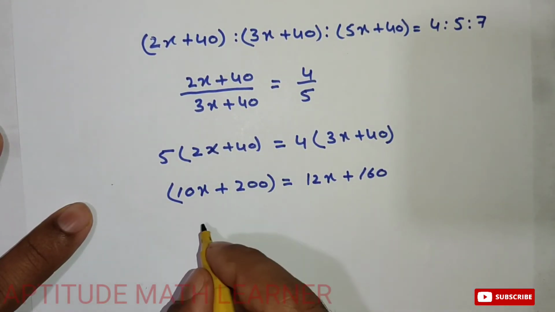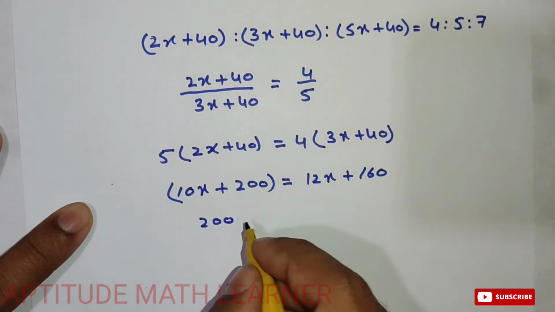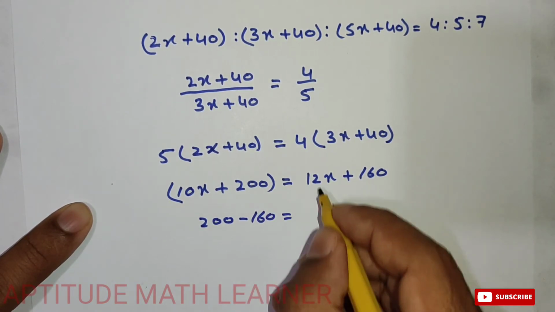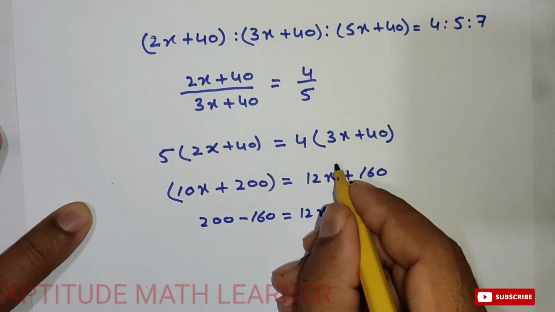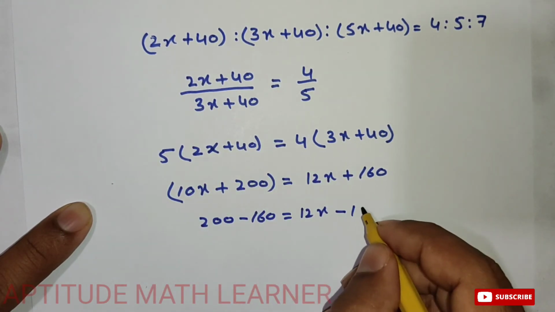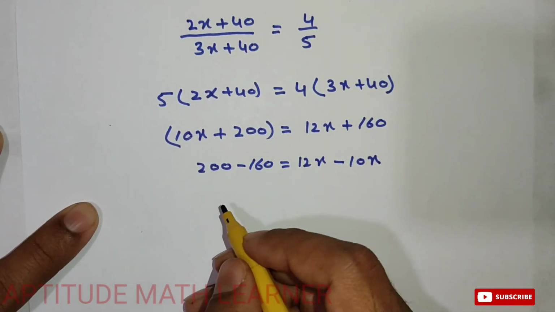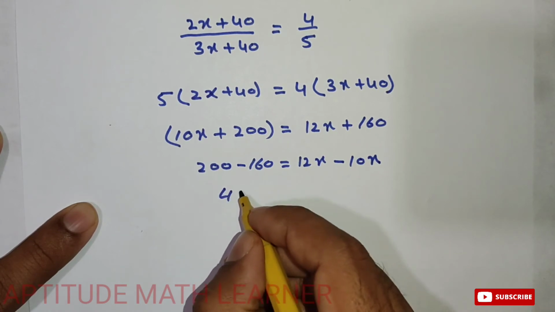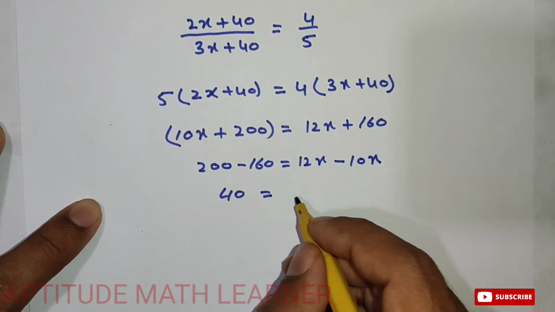Now this 200 and this 160 goes to this side, becoming 200 minus 160 is equal to 12x, and this 10x going to this side becomes minus 10x. We get 40 is equal to 2x.